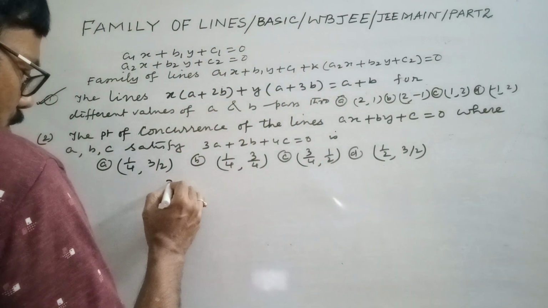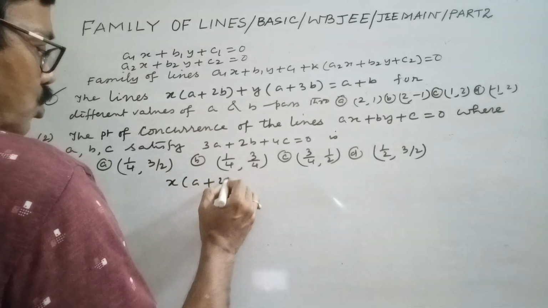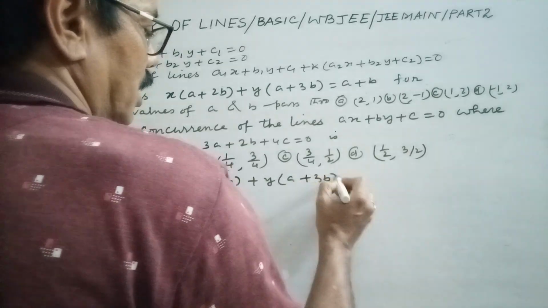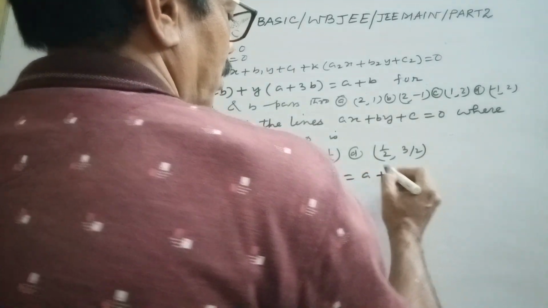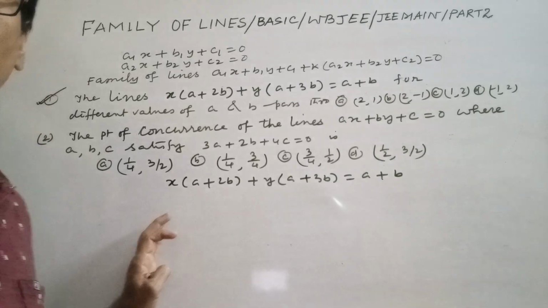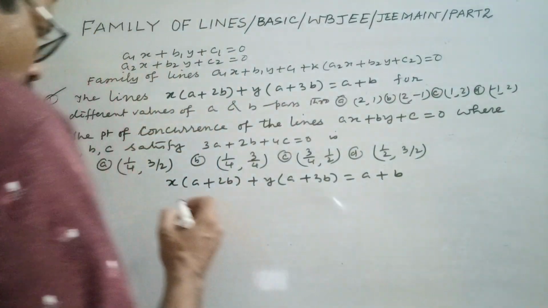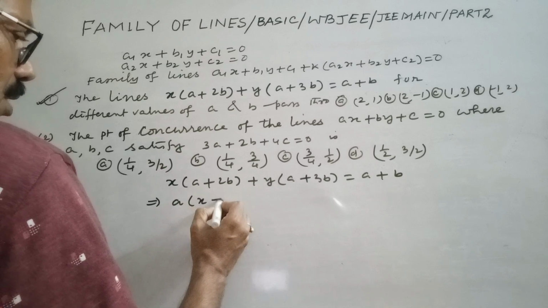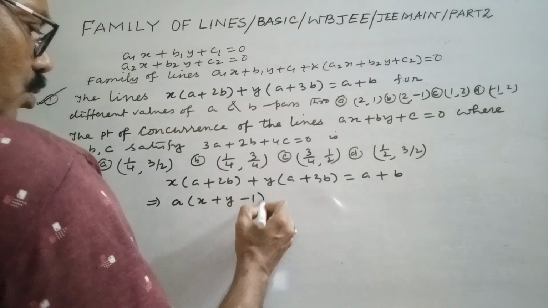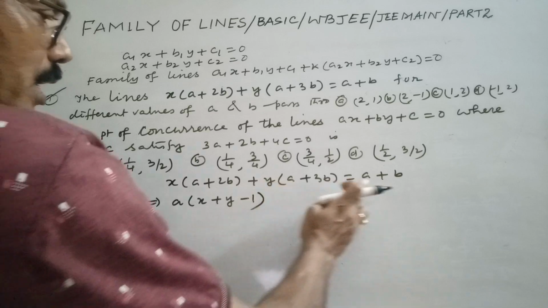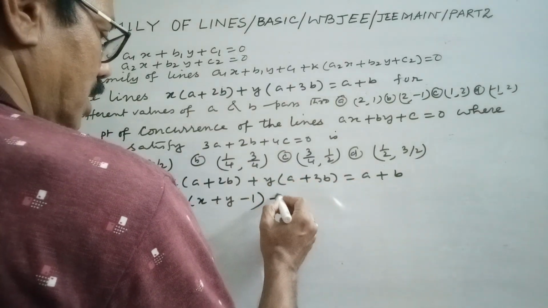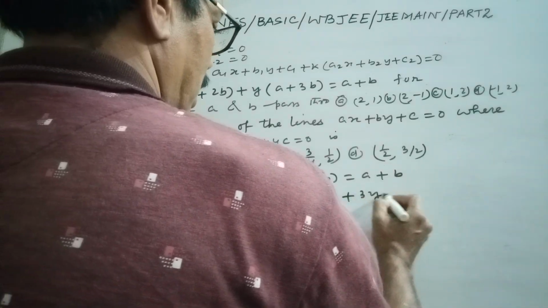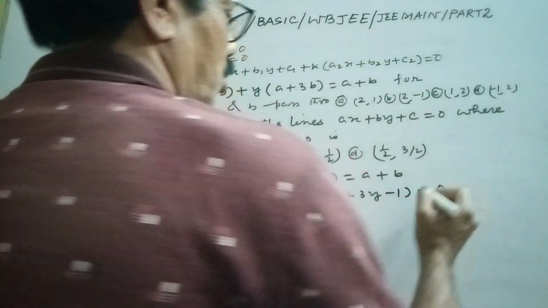So the combined equation is given: (a plus 2b) x plus (a plus 3b) y equals a plus b. Now look, if we take a common, this is x plus y minus 1, and then b common, 2x plus 3y minus 1, equals 0.